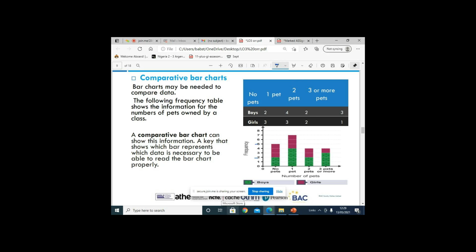For the second one, for 1 pet, from 0 to 4 it's 4 boys who have only 1 pet, while for 3 girls, from 4 to 7, that is 3.